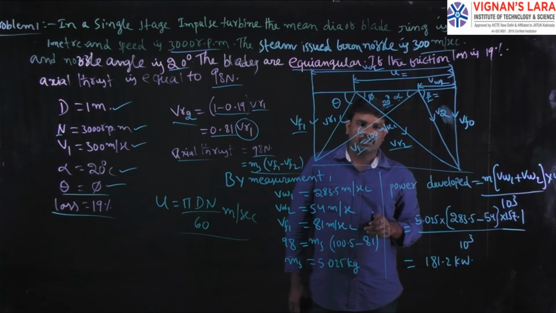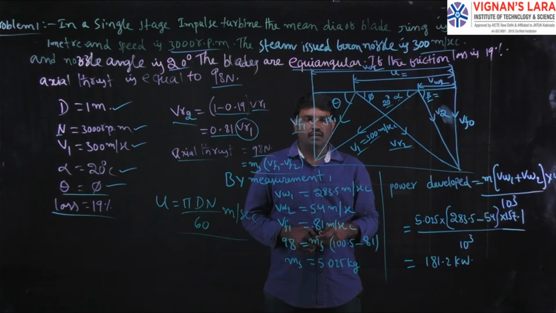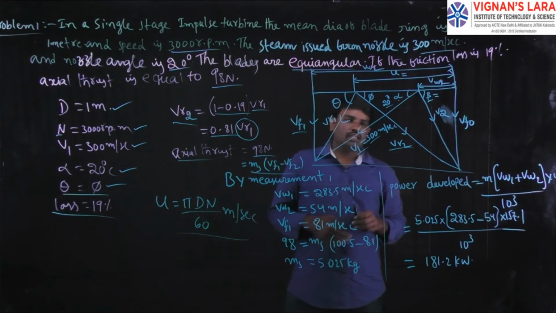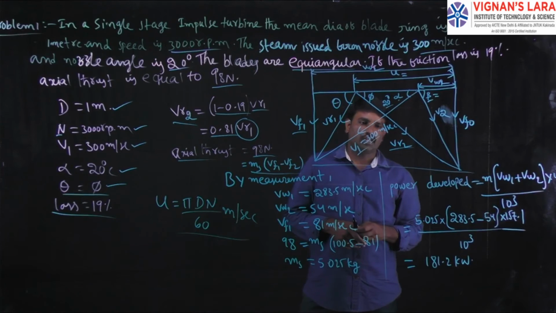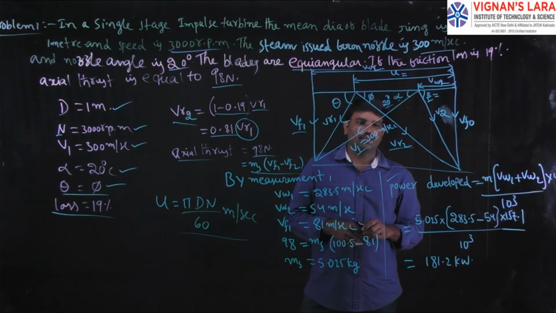Previously we discussed so many parameters like work done by the impulse turbine, power developed by the impulse turbine, stage efficiency and nozzle efficiency. All these parameters you can easily calculate after completing the drawing of the combined velocity triangle. In the present problem he wants only the power developed by the turbine.